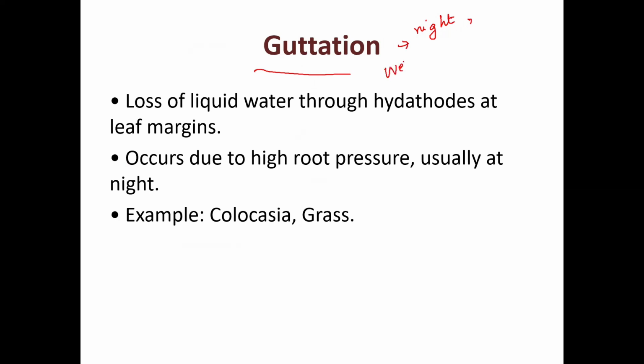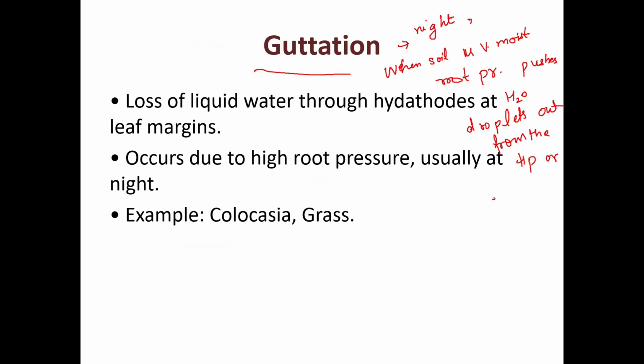When soil is very moist, the root pressure pushes. So roots apply a pressure and push water droplets out from the tips or edge of the leaf. So it's basically a loss of liquid water through hydathodes.